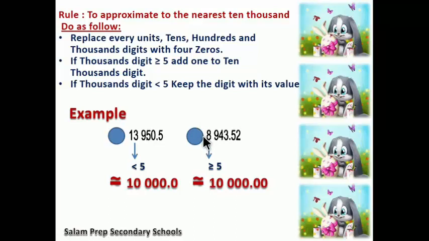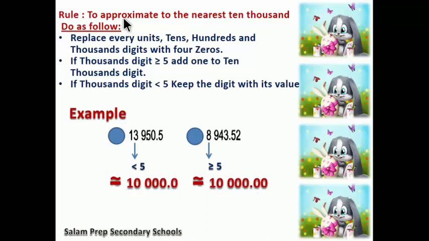Take care, there is no digit here in the 10,000s place. So nothing plus 1 equals 1. So we will write 1. 8,943.52 is approximated to 10,000. Please don't forget this rule.